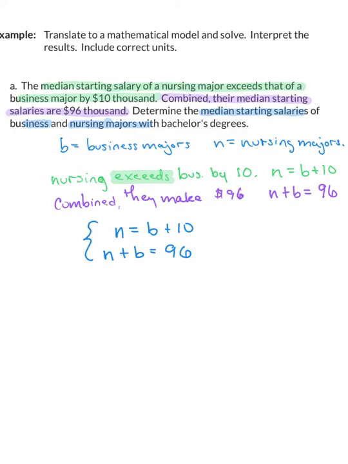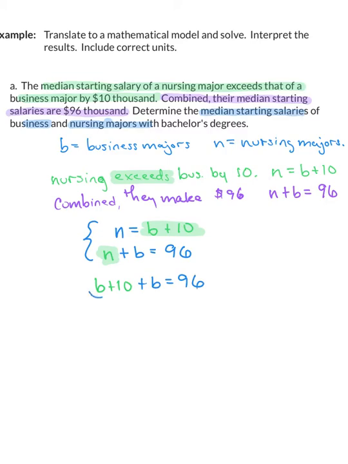I'm going to take my b plus 10 and plug it in for n in the other equation. So if we do this, we get b plus 10 plus b equals 96.